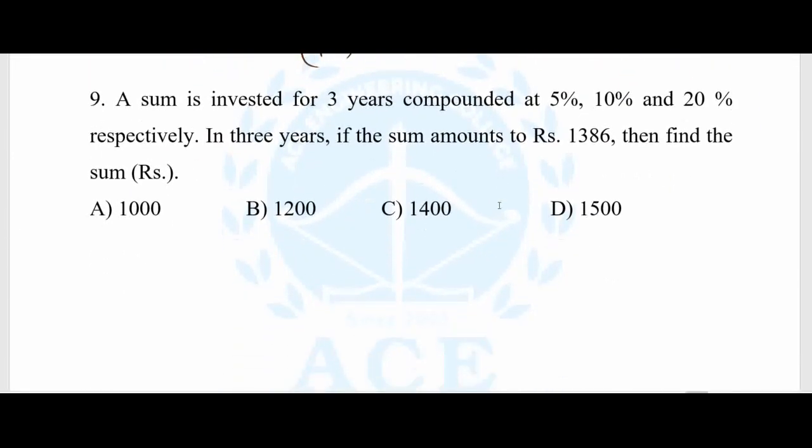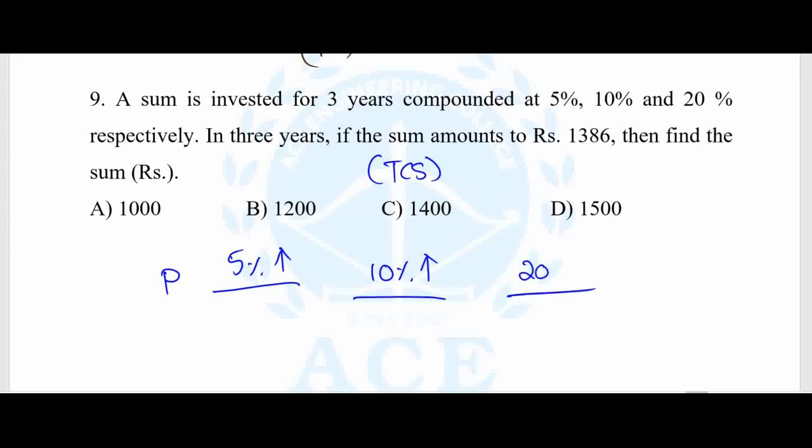The next question is given in TCS, similar to the previous question. In the previous one, the rate of interest is the same, but here the rate of interest is different. First year 5% increase, second year 10% increase, third year 20% increase, and the amount becomes 1,386.